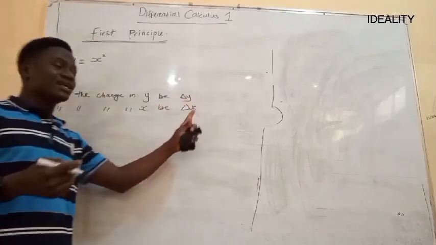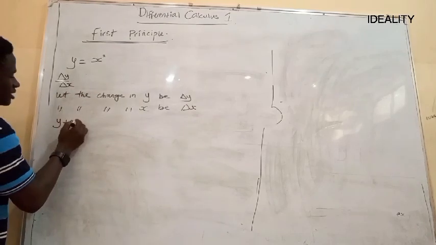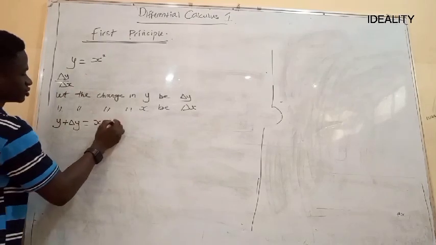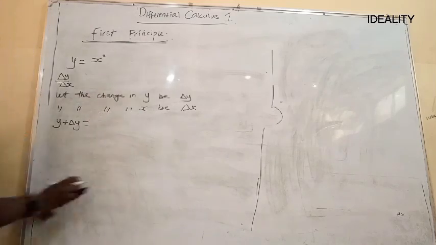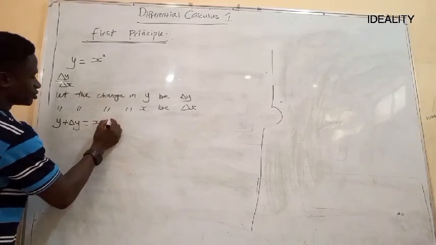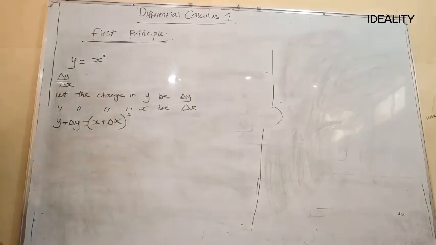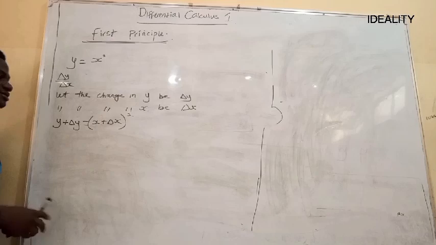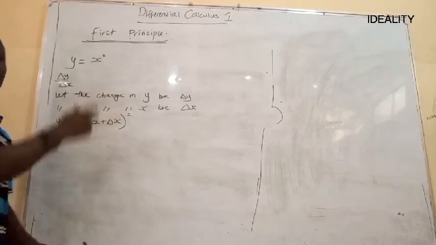Then now we add theta y and theta x to both sides of the equation, so that we have y plus theta y is equals to x plus theta x, then squared. Because it's having square, you put x plus theta x into brackets and square.